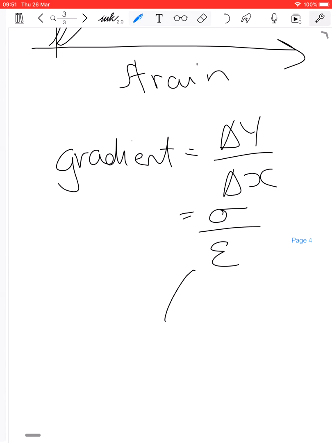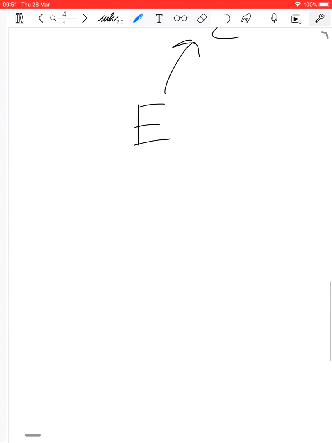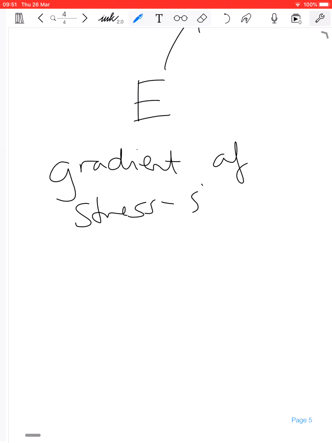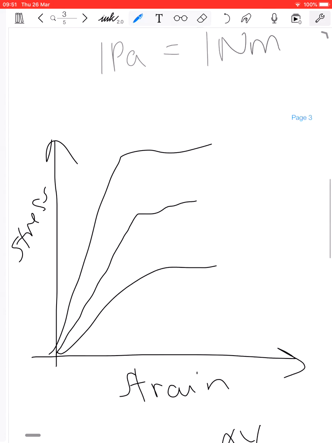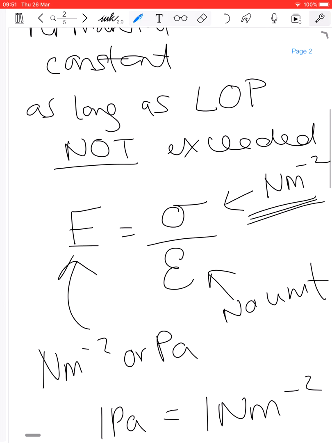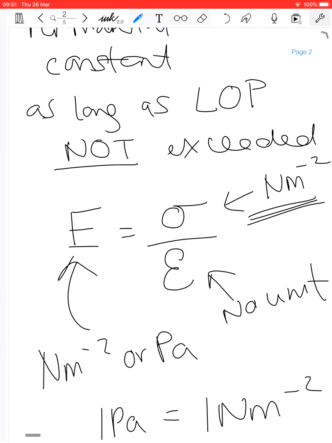We know that that is the same as Young's modulus, so we can say that the gradient of a stress-strain graph is exactly the same as the Young's modulus. Like so. So those are your basics of Young's modulus. It's all about relating stress and strain, and your units are exactly the same as stress.